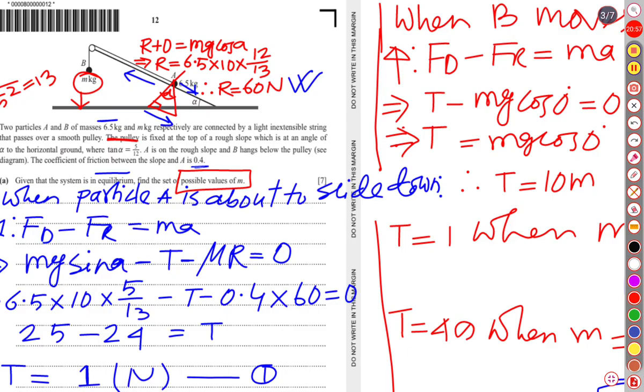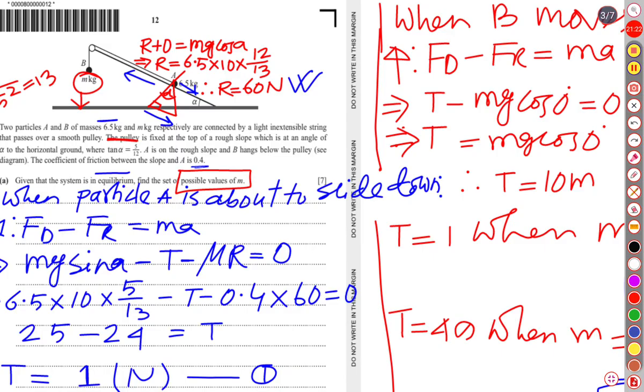If the value is less than 0.1 kg, then B would move up. Once again I'm repeating, if the mass of B is less than 0.1, then it would move upward.